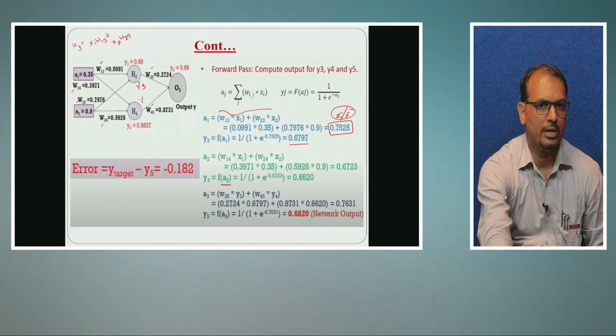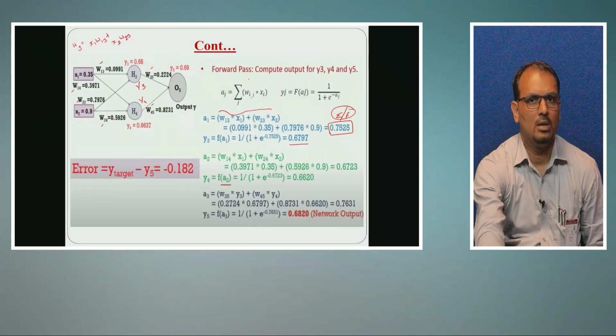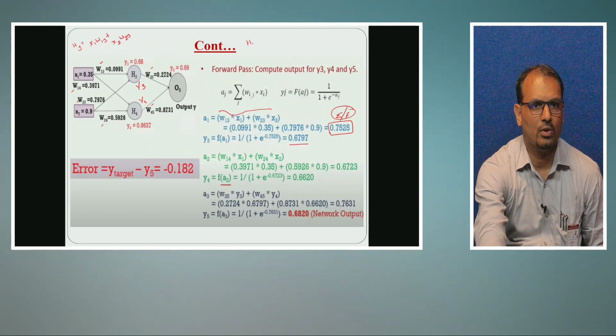Now I am going to calculate Y4 here. What is my Y4? On the same formula, what is the equation for H4? Can anyone tell me? X1 into W14 plus X2 into W24.